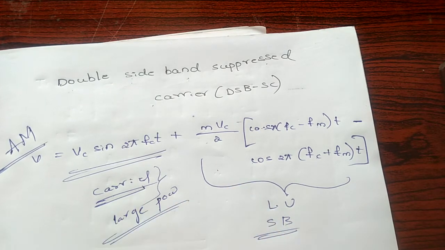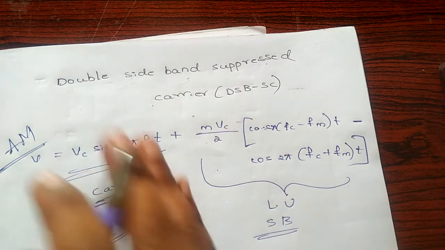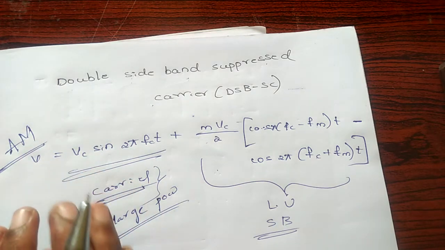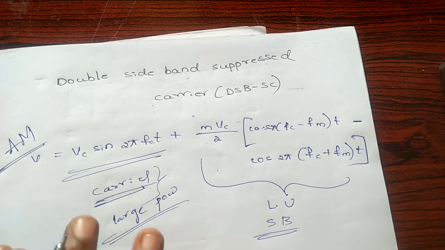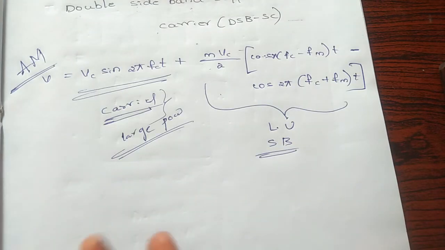In order to reduce the consumption of power, we got another technique, the double sideband with suppressed carrier. We just suppress the carrier when we are sending it. Okay, fine. Then what is the time domain equation in the double sideband suppressed carrier?